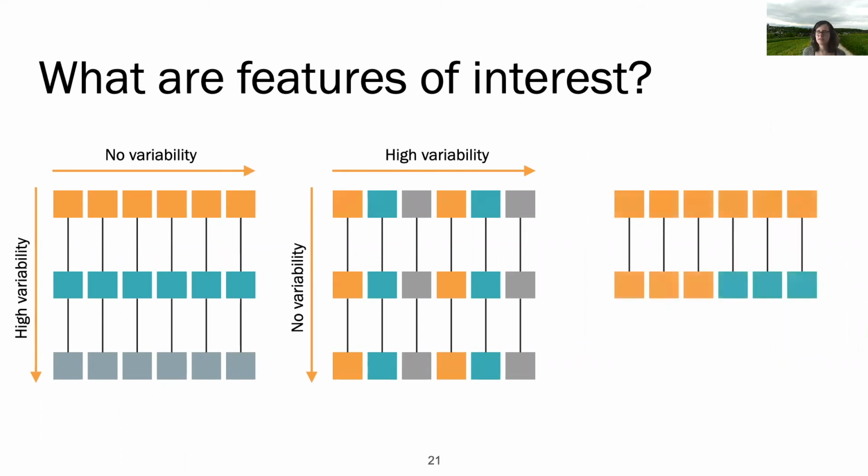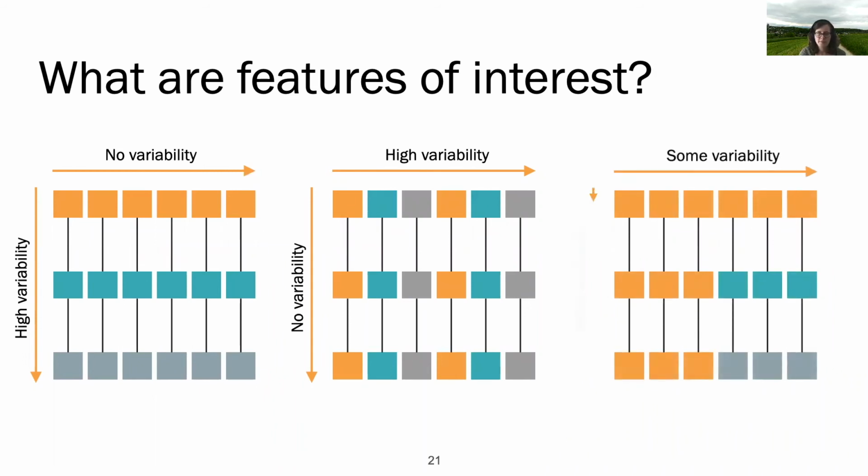Probably one of the most interesting patterns is something like this, where we have some variability between patients and some variability over time. And if we find a pattern like this, we know that there might be subgroups that we can compare, which is always quite interesting. And therefore, again, with only the variability values, there's a way to characterize a feature.